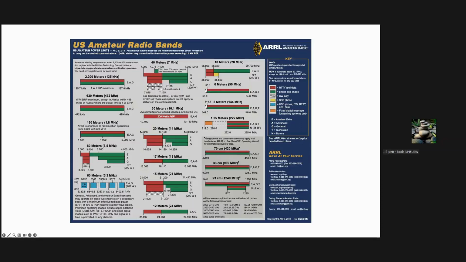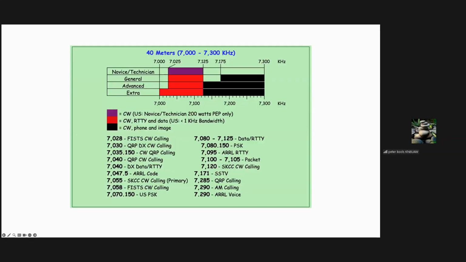And I find it highly useful, and I would recommend anybody who's doing any HF work under your general license to have a copy of this, because you can see specifically where you're allowed to operate, where you're not, what your power levels are, what areas of the band are CW or data or phone, and it just helps you stay within conformance of the FCC rules. Here's an example of the 40-meter band plan.